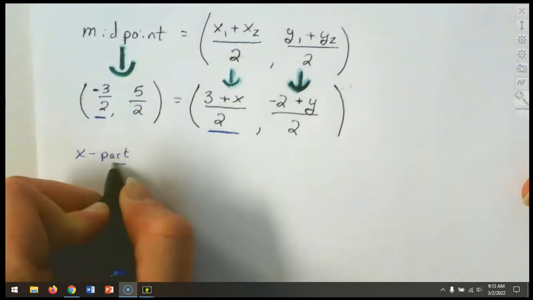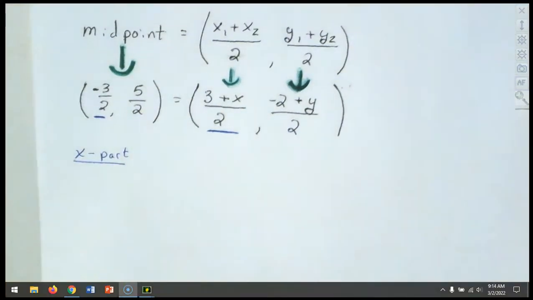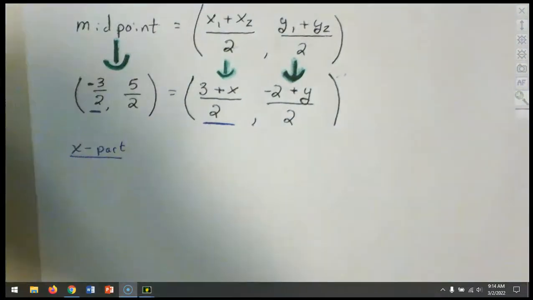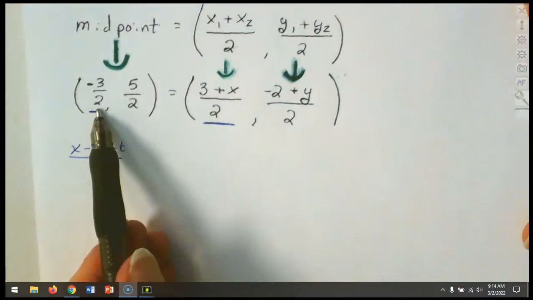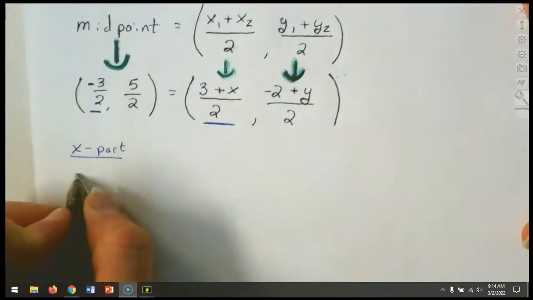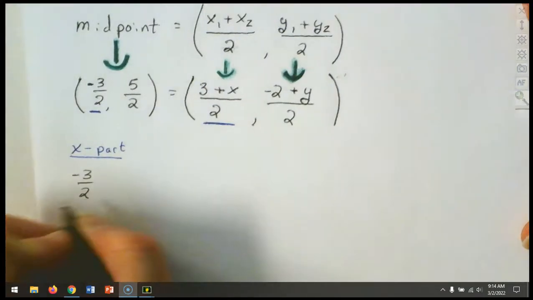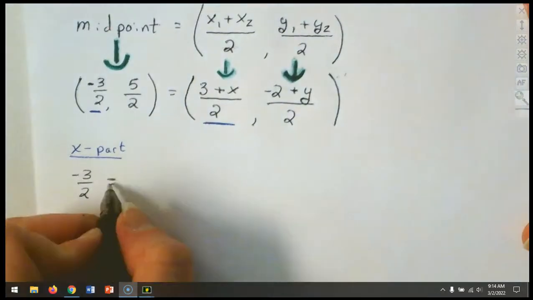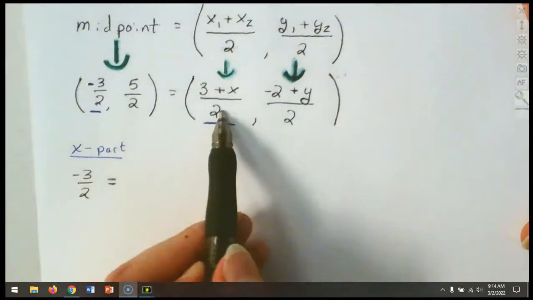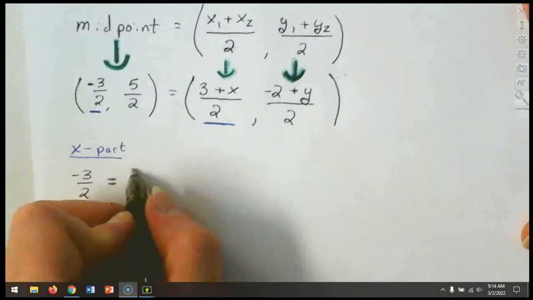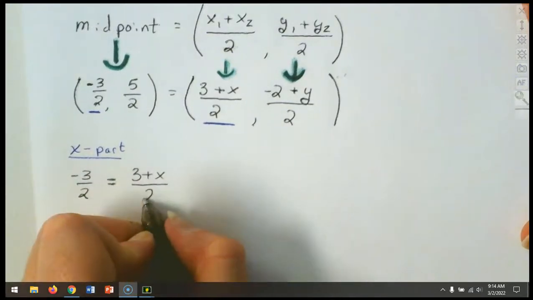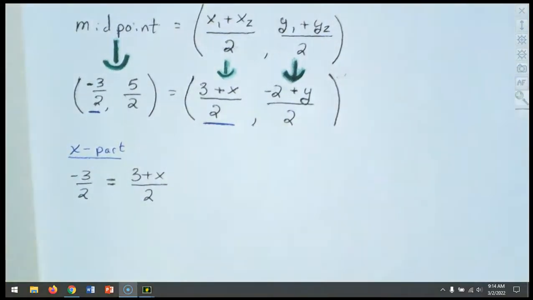We're going to have to do the x part and the y part separately. So our x part, what do we have? On the left-hand side, we have a minus 3 over 2. What does it equal on the right-hand side? Everything before the comma goes together. So that is a 3 plus x over 2.